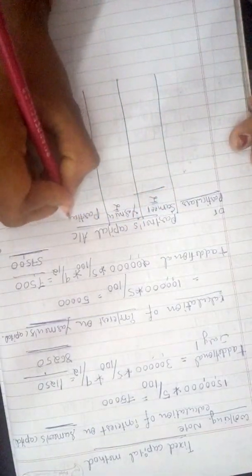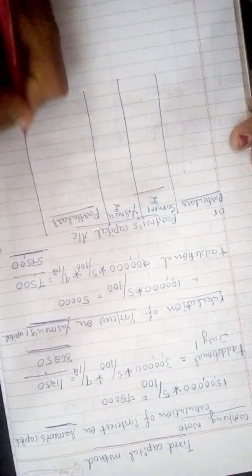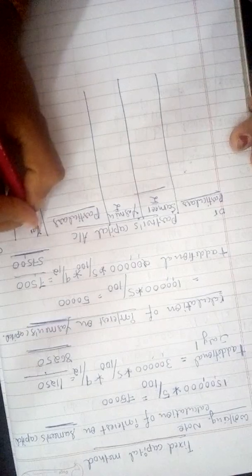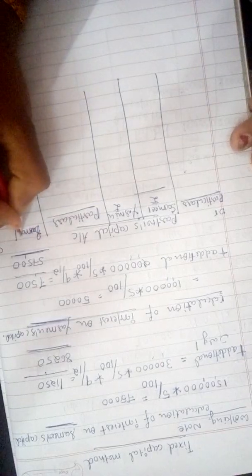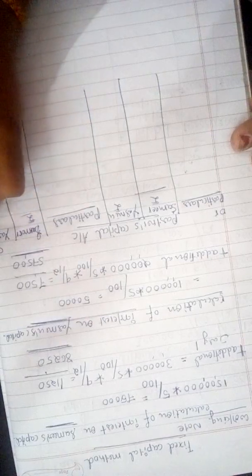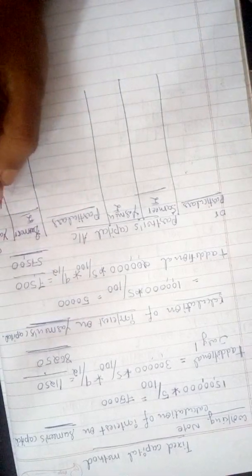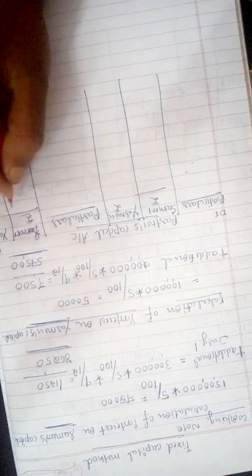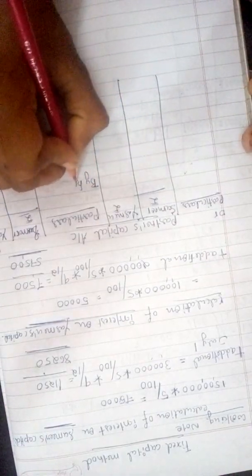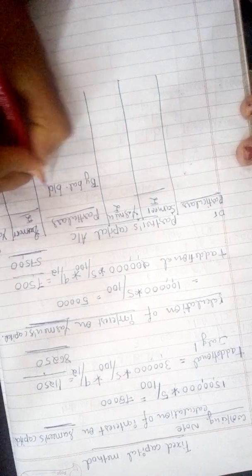And then again on the credit side we need to write particulars. Then Yasmin and Samir, and Yasmin's account, Yasmin's amount. Okay, now what we need to do first is balance brought down. So the initial capital which they have given, how much?